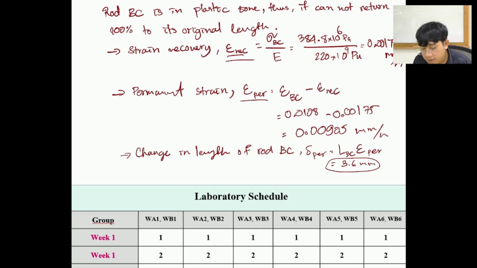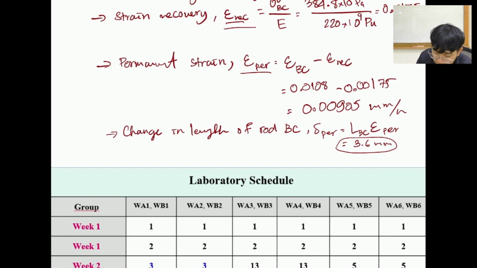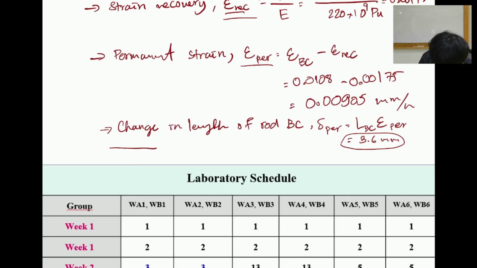Okay. Which means subject to the pull-out force, after we release, there will be some length, 3.6 millimeters, going to extend from your sample. If I draw the last figure, it's going to be this one, right? So this one is AB and BC is over here. And after I release the force, the sample is going to have the permanent deformation of 3.6 millimeters over here.